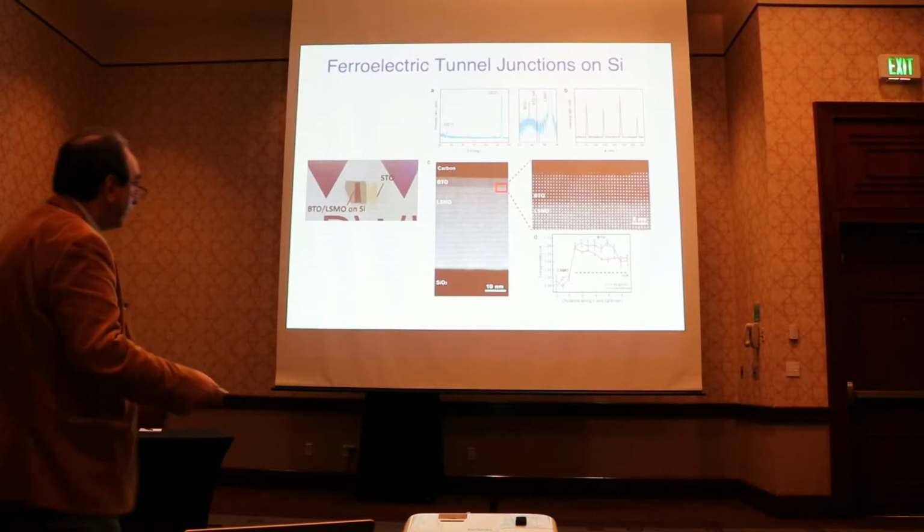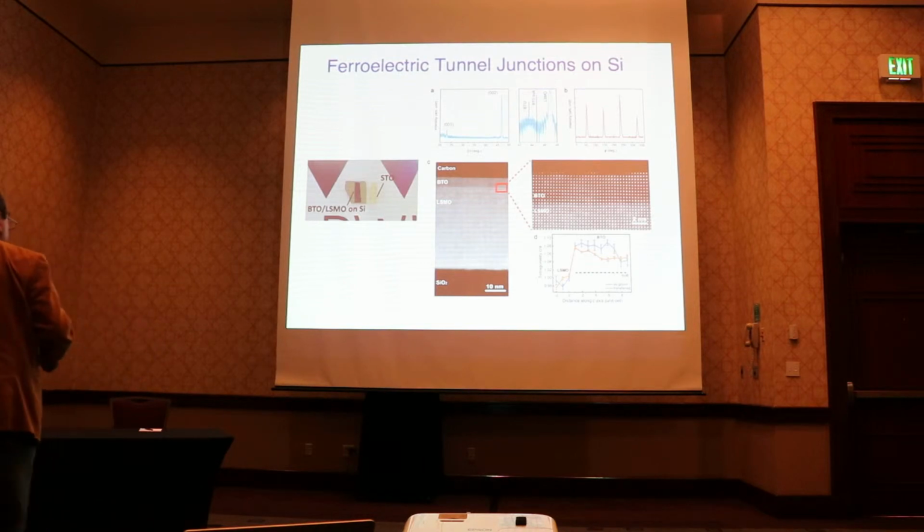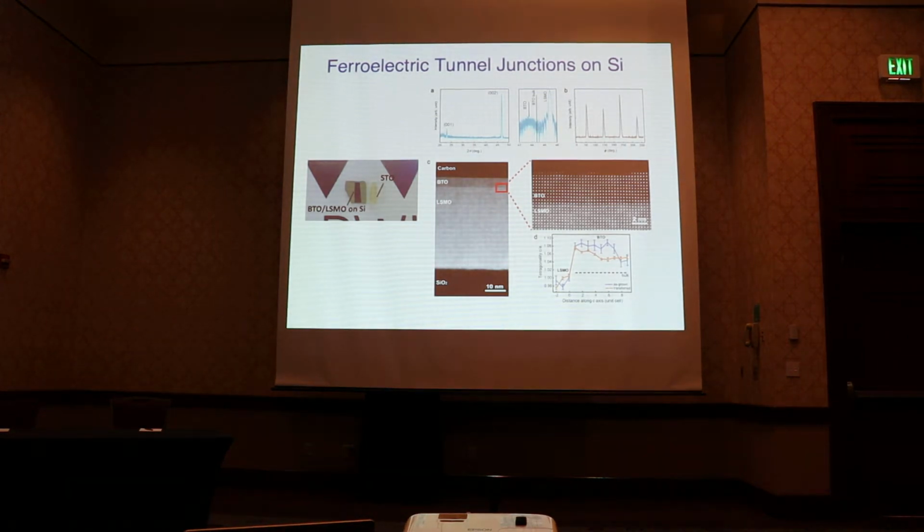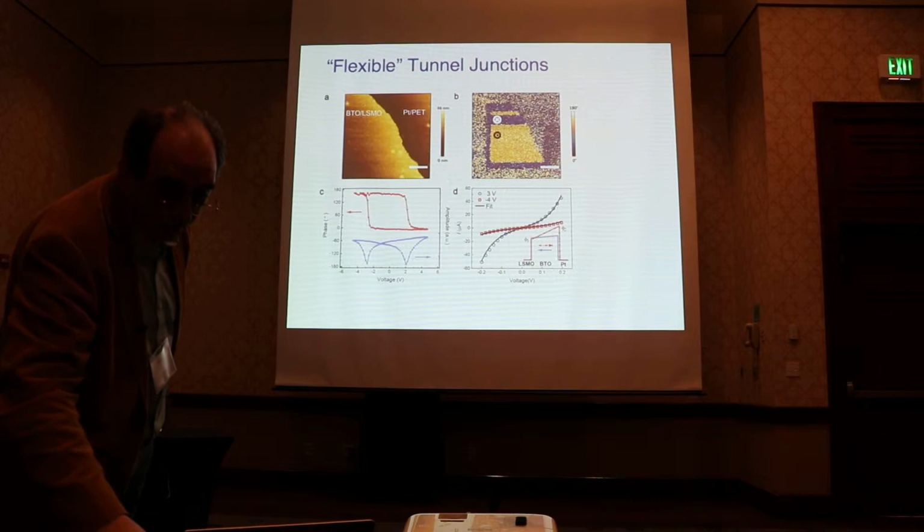And that's the outlook. We just want to show you that we want to do a step into the device, and then we have started to transfer those few nanometer devices, something like 5 nanometers, 3 nanometers, to silicon, or even to plastic.